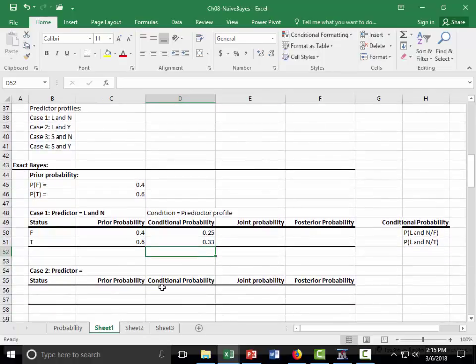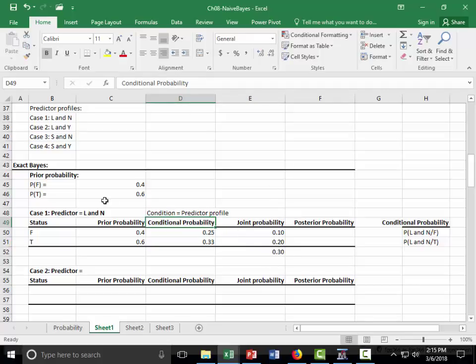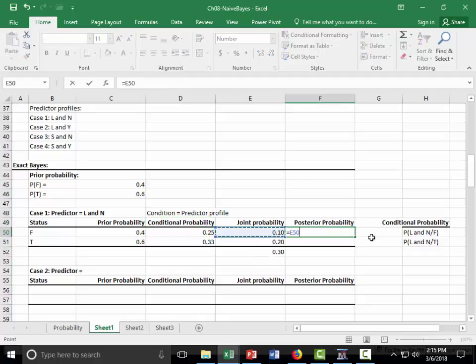Those are the conditional probabilities. Once you have this, the rest is pretty straightforward. All you have to do is find the joint probability, which is the product of these two, and then you add the two, which will give you the probability of that predictor profile, the probability of L and N. Now divide that into each joint probability and you get the posterior probability.